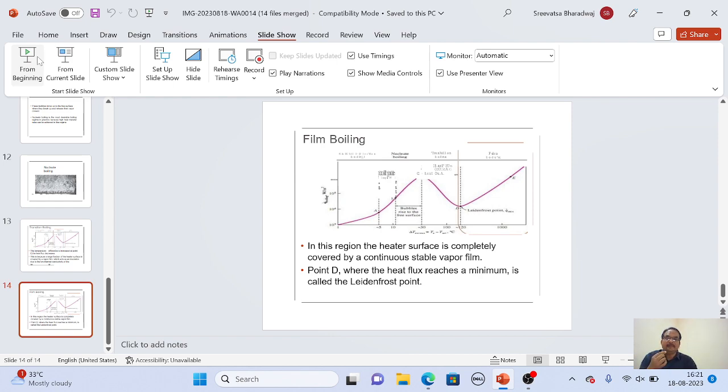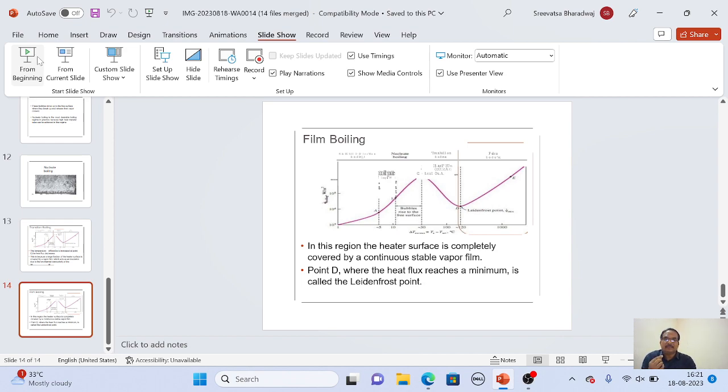Then we discuss condensation. In this condensation process, the vapor gets converted into liquid. Condensation is of two types: film-wise condensation and drop-wise condensation.